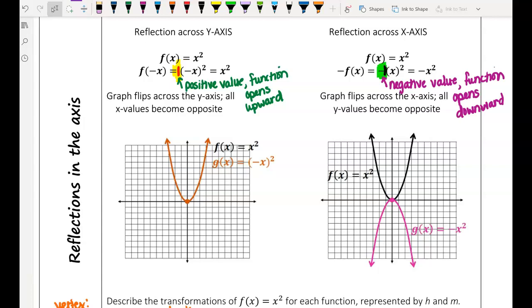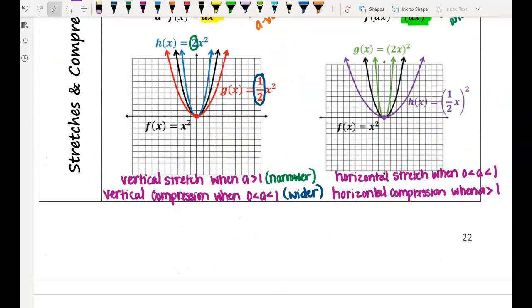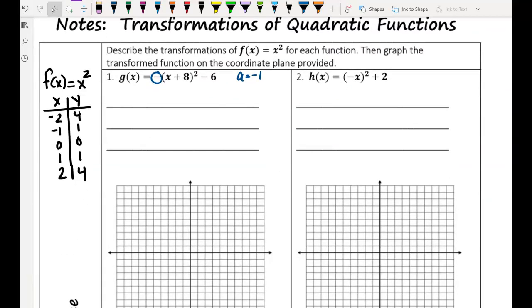I'm showing it on the screen where it's the only one showing it opening downward. What is that transformation? Reflection across the x-axis. So for it to open downward, that means we have a reflection across the x-axis.